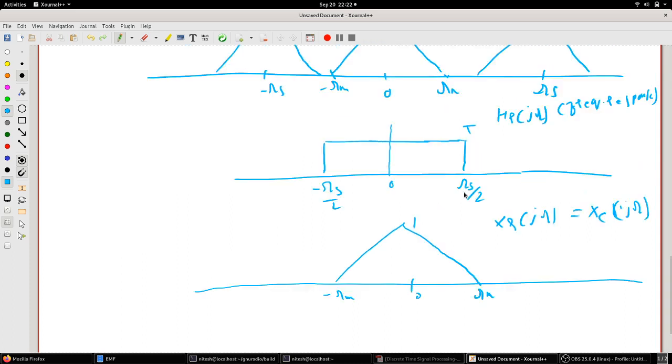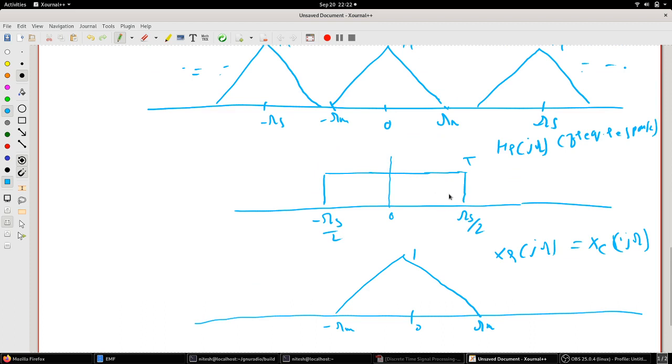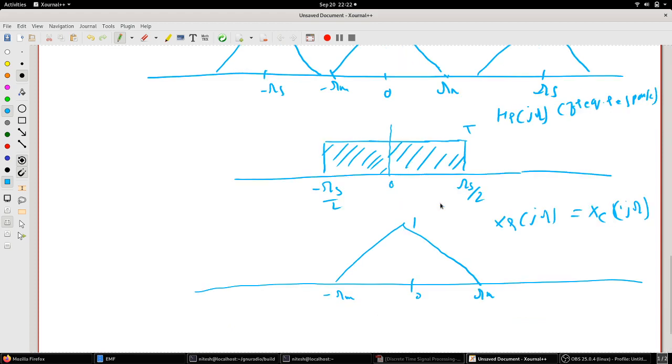So my ideal reconstruction filter has to have a bandwidth of 0 to ωs by 2. This is my pass band. Since my Fourier transform is symmetric around 0, and I can only implement real functions, it has to be symmetric. So I will get from minus ωs by 2 to ωs by 2 in the frequency domain.